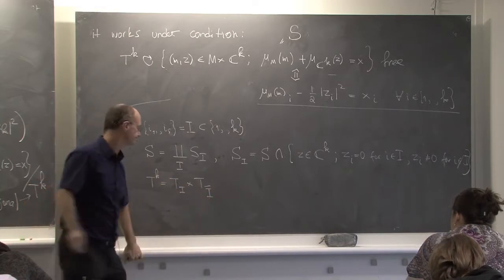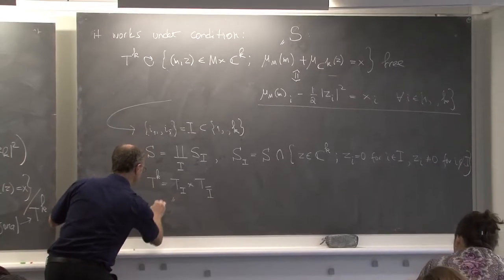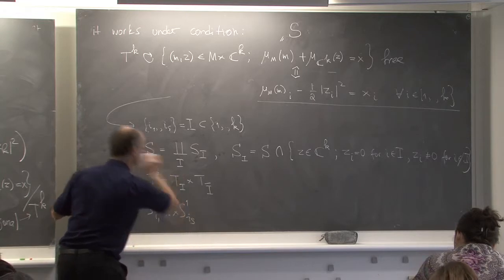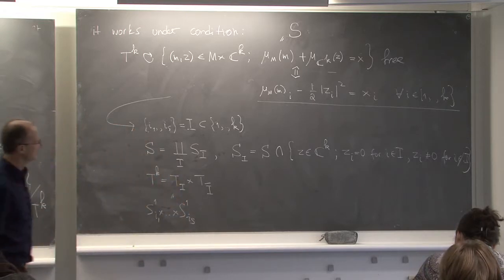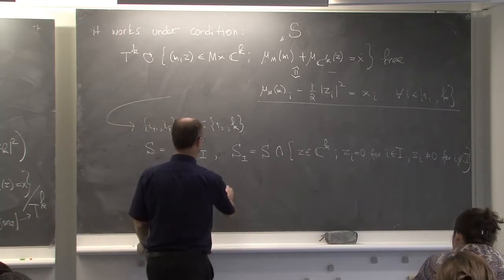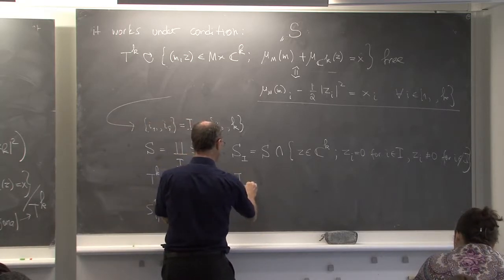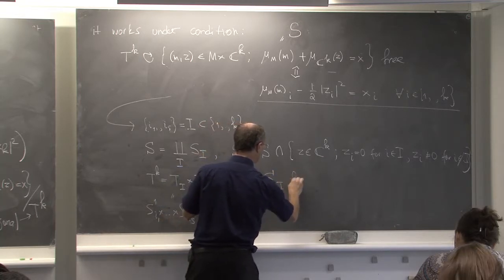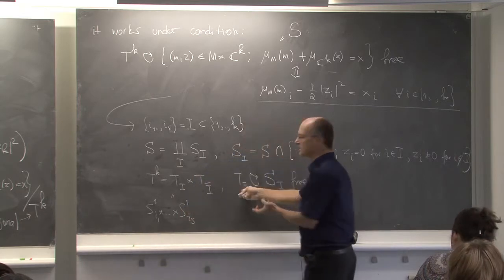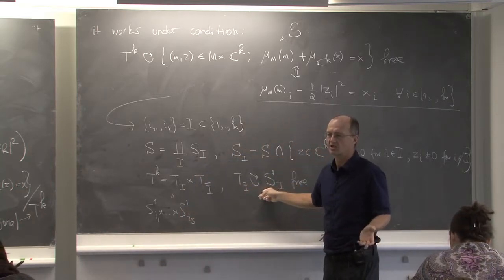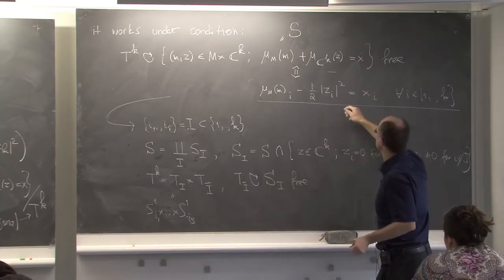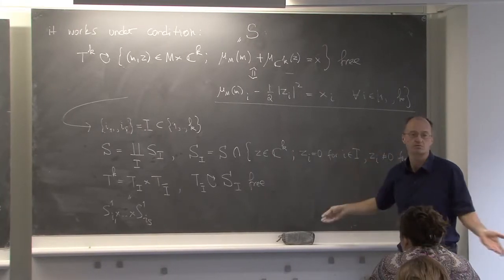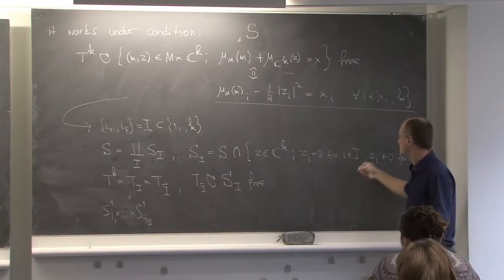So this is S1 I1, S1 IS. So it's already clear that Ti bar acting on SI, this action is free without any conditions, right? Because the corresponding Zi's are non-vanishing, and so the corresponding action on the product of C's is free.